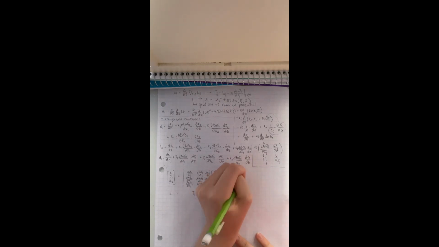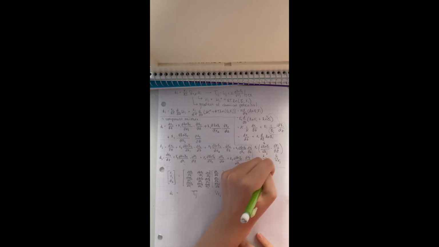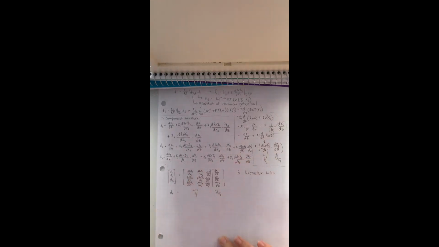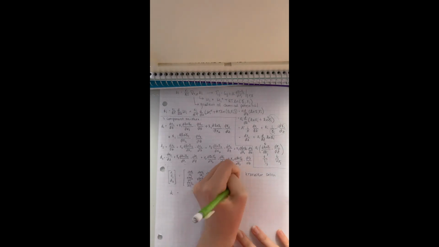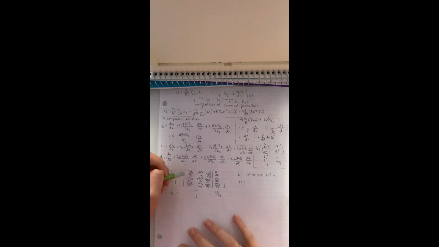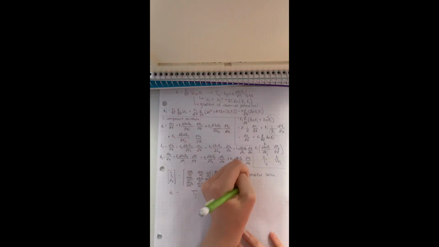The last thing we have to add in is this Kronecker delta. All the Kronecker delta does is that when I equals J, so that when the activity coefficient is referring to the same component as the mole fraction, for example the activity coefficient of component 1 and the mole fraction of component 1, the Kronecker delta will equal 1.